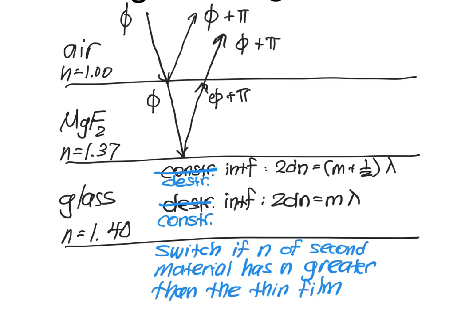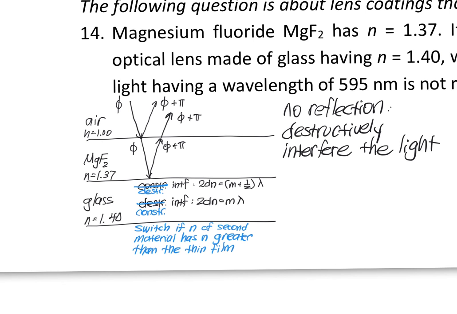So keeping that in mind, that's this situation here. I think they actually asked a question in number 14. Let me check. Yeah, this is an anti-reflective coating, and it says what thickness should the film be so that light of 595 nanometers is not reflected from the lens. If I'm trying to kill the reflection, I want to destructively interfere the light. So I want the destructive interference condition, but having switched what the data booklet said, because again, the film is on top of something with a higher index.